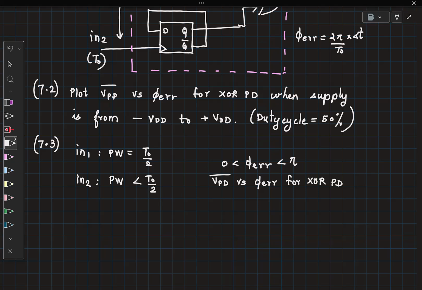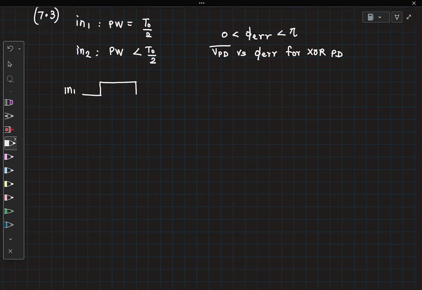You're free to discuss and then sketch the characteristics. So I'm going to first sketch in1 and in2 with the same phase.